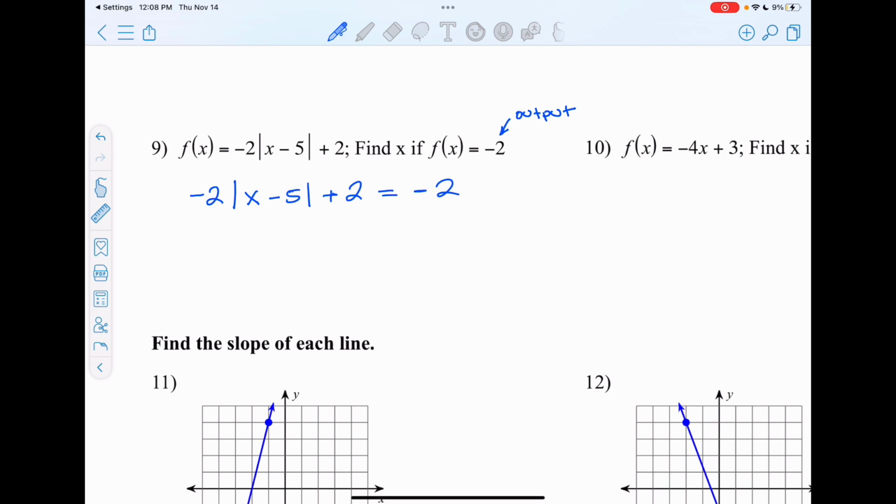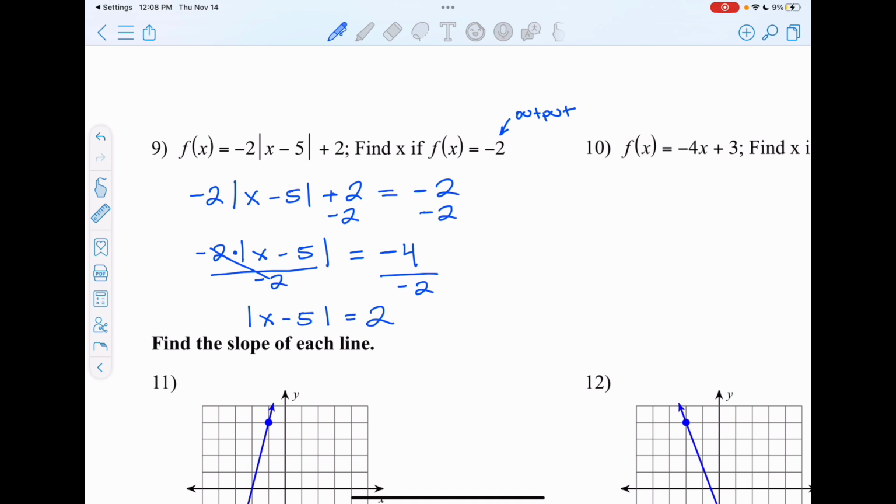In order to solve this, I need to get the absolute value all by itself. I'm going to start by subtracting 2 to both sides. -2 minus 2 is -4. And since this -2 is right next to the absolute value, that means it's being multiplied, so I need to divide to get rid of it. -4 divided by -2 is +2.